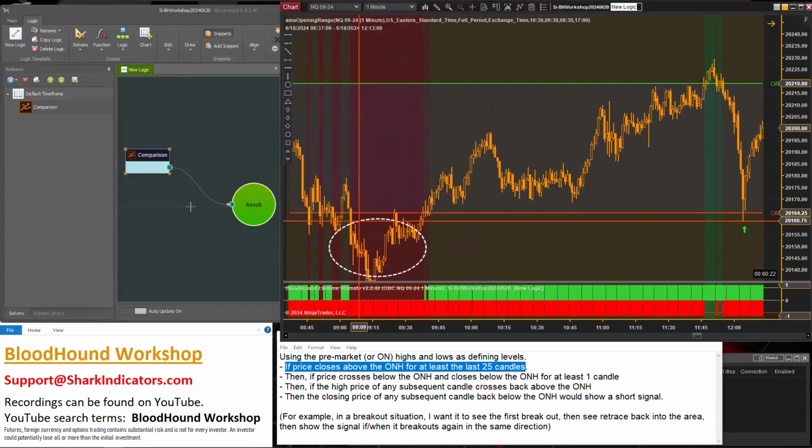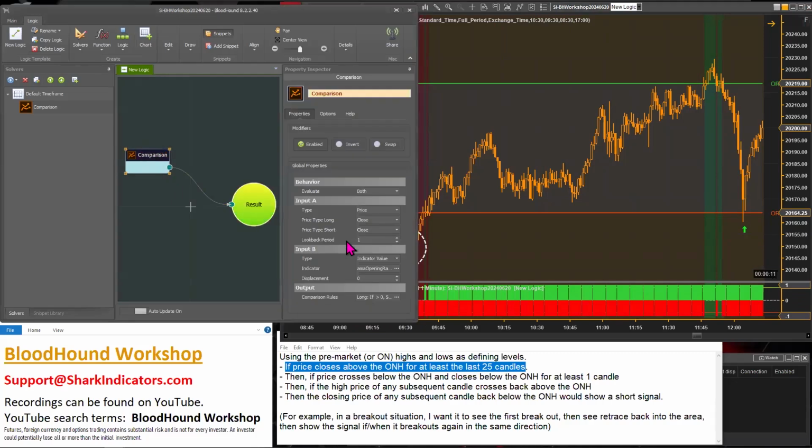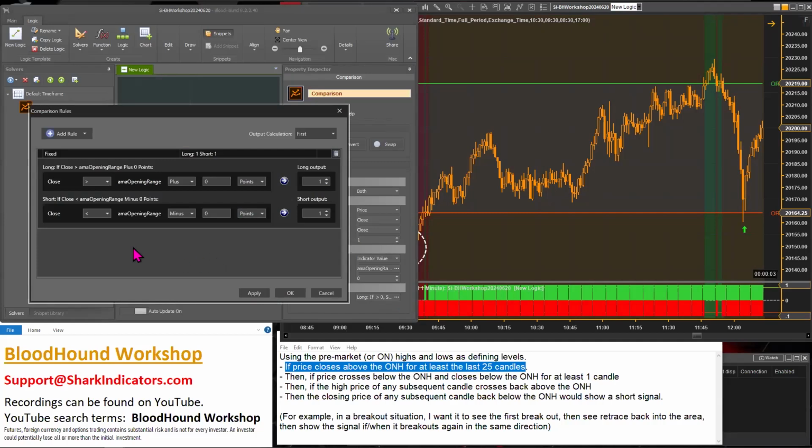Let's see here. We can see that when price is below the lower range, we're getting shorts there. So we need to go into the output here and simply reverse our conditions.